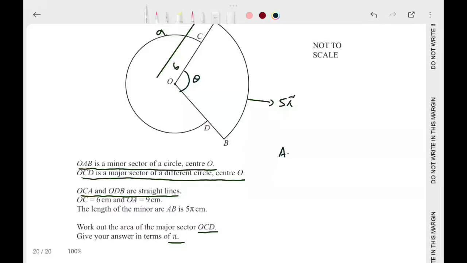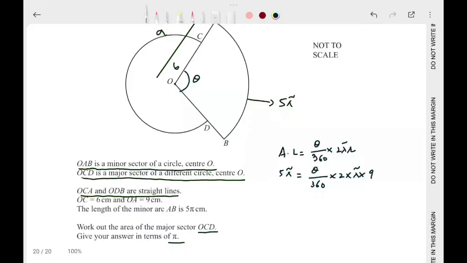Angle is unknown actually. So with the help of the formula, that is arc length is equal to theta over 360 degree into 2 pi r. Arc length is 5 pi, theta is unknown, over 360 into 2 into pi, and radius is 9.